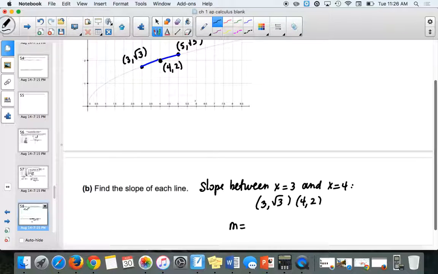So we're going to still do our y2 minus y1 thing. So I'm going to have 2 minus root 3 all over 4 minus 3. So I get 2 minus root 3.